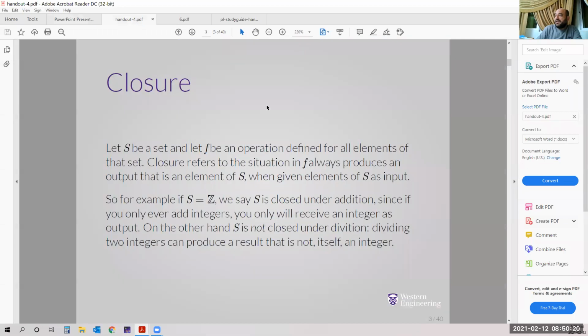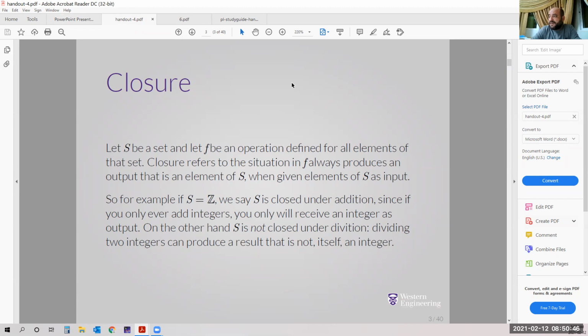So, what do we mean by closure? Let S be a set and let F be an operation defined for all elements of that set. A closure refers to the situation where F always produces an output that is an element of S when given elements of S as input.